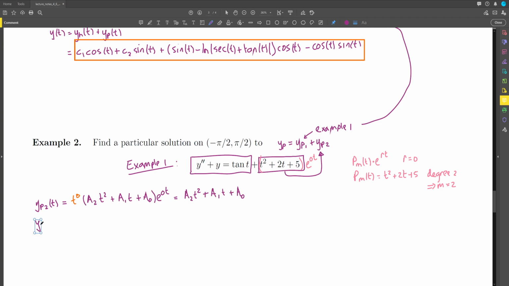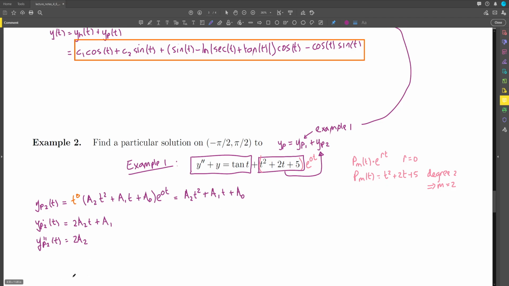So then yp2 prime of t is equal to 2a2t plus a1, and yp2 double prime of t is going to be equal to 2a2. Now let's plug that into this differential equation and set it equal to this part.